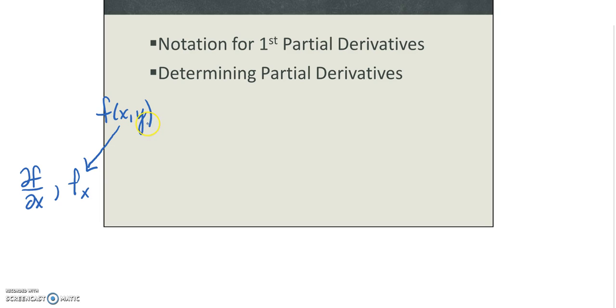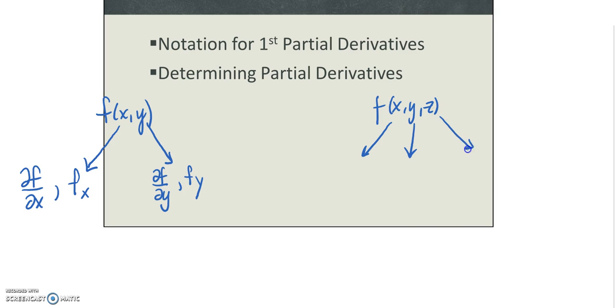Or I could have changes in my function f of x and y with respect to y. And I could have a function of three variables, x, y, and z, in which case I would actually have three options instead of two.